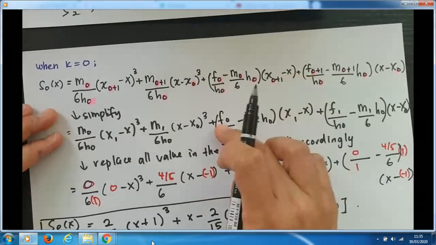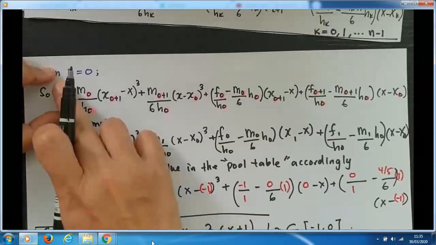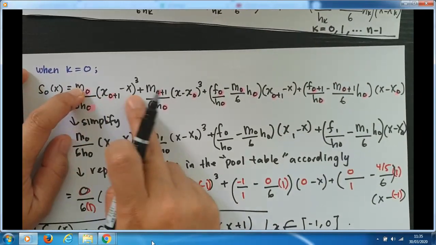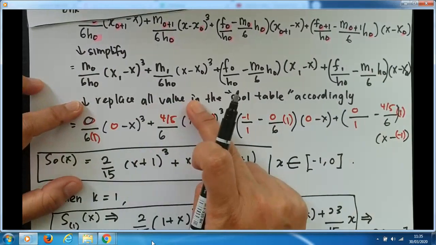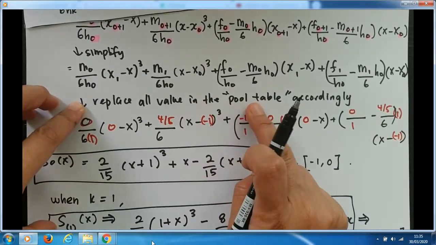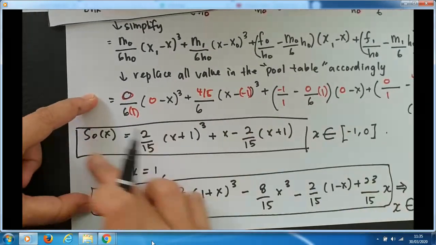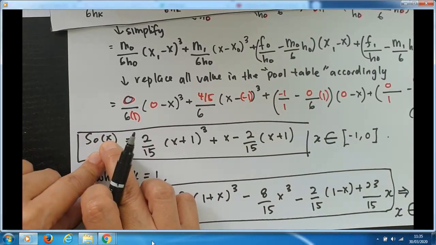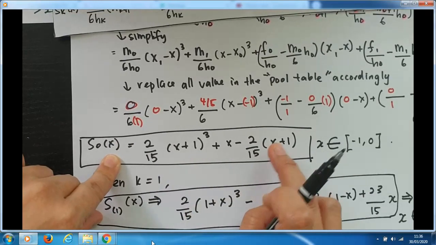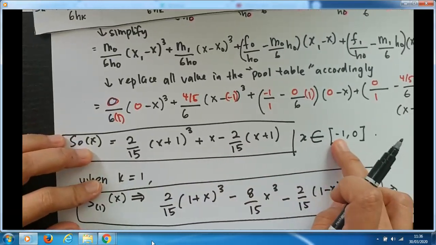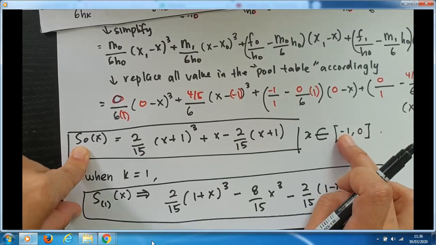Okay, so use the same way, use the general formula. When k equals 0, you put in all the values of k equal to zero, then simplify the formula and replace all values according to the values that you have in your table. Put in all the values and simplify the formula. So the final formula contains the value x. We don't know yet what x we want to find. So here, in between data negative 1 and 0 at spline 0, you can find. Let's say you want to find negative 0.8.